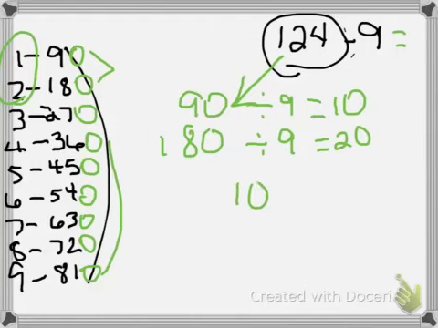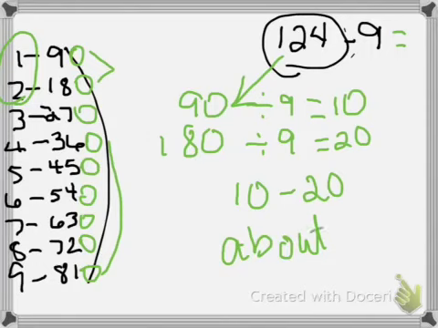So I would say that it's between 10 and 20, and since 124 is closer to 90 than it is to 180, I would say that 124 divided by 9 is about 10.